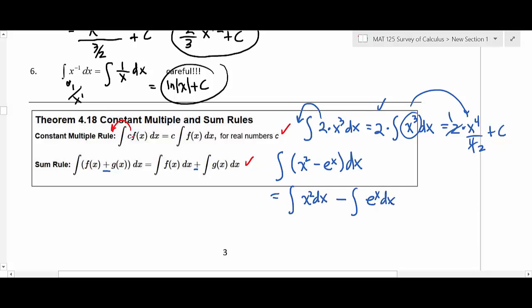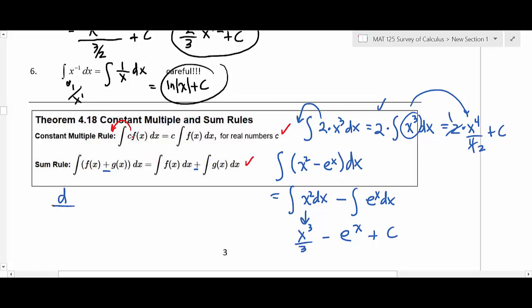You just do each part separately, right? So what's the integral of x squared? X the third over 3. We're not doing derivatives, we're doing integrals. So that would be x the third over 3, and then how about e to the x? Plus e to the x, that's it. So if you have a function that's added and subtracted, just do each piece separately, just like you do derivatives.